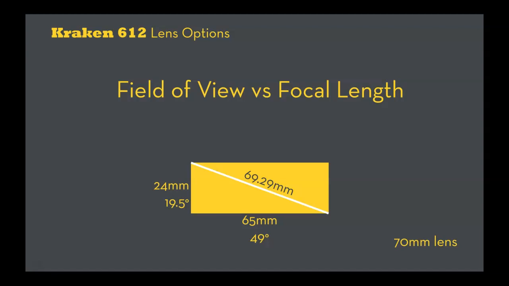If you are looking out of this lens and you're looking through the viewfinder, from your eye, from that eyeball, from the retina or whatever it is that captures the light coming through that, if you can look up and you can look down, you're going to have a 19.5 degree field of view. Now, left to right, you're going to have a 49 degree field of view with the X-Pan.